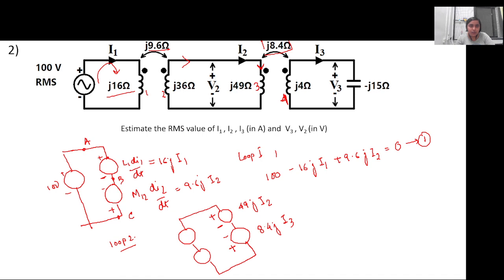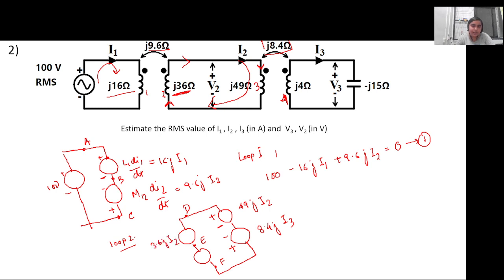Now for the coil 2, again the current I2 is entering in this direction. So I will name this point D, this point E and this point F. The self-inductance is 36j I2.